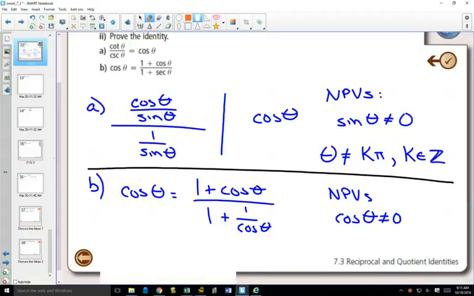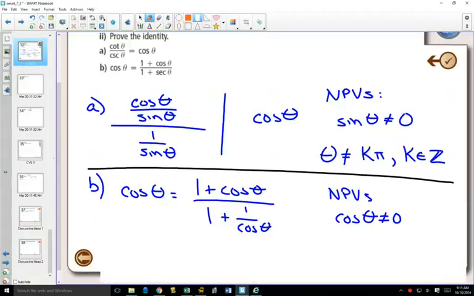Okay, so let's do that one first. If we do that one, that means theta can't equal, when is cos theta equal to 0? Pi over 2, 3 pi over 2, 5 pi over 2.